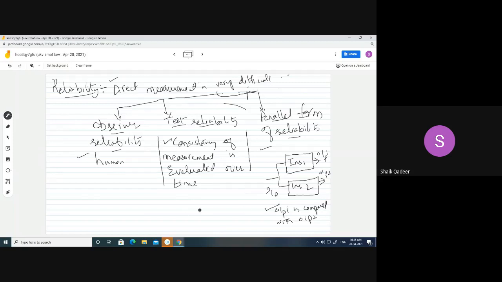First one, write down observer reliability. Second one, test reliability. Third, parallel form of reliability.